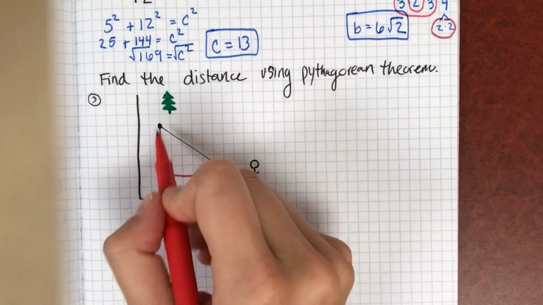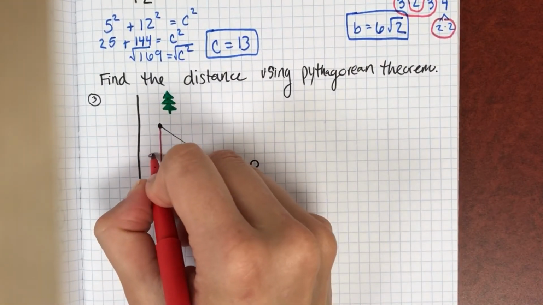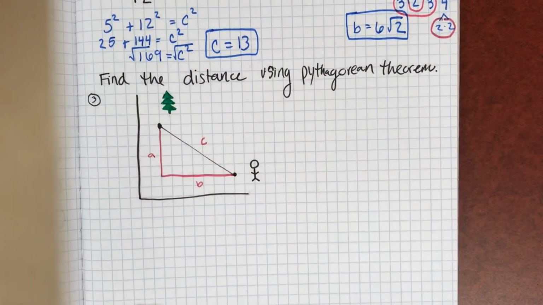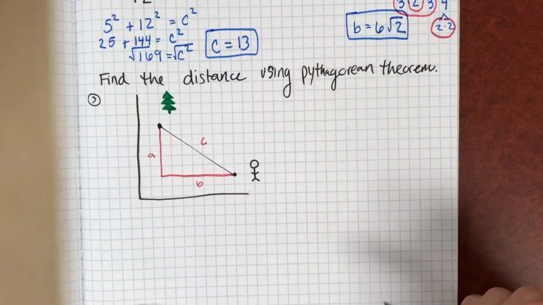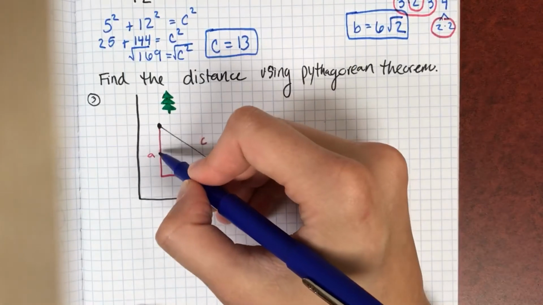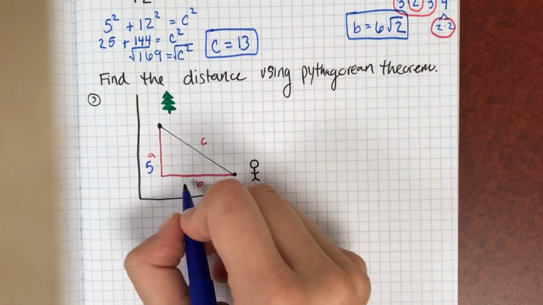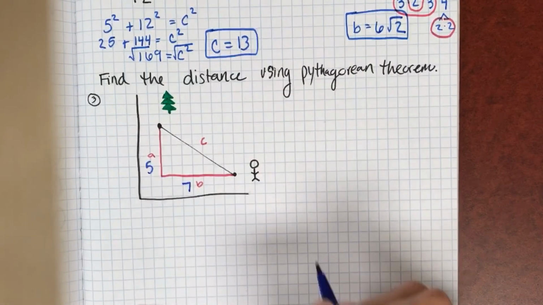Okay, we could use our Pythagorean Theorem, calling this A, B, and C. All right, so our A is 1, 2, 3, 4, 5. This side is 7, and we're trying to find our C value.